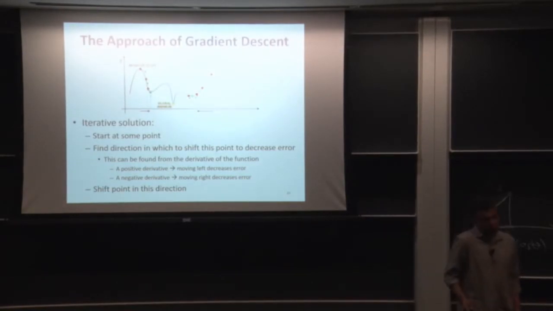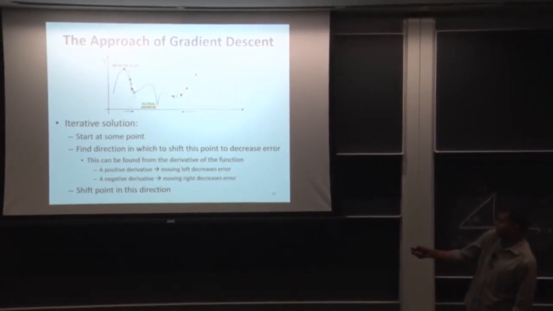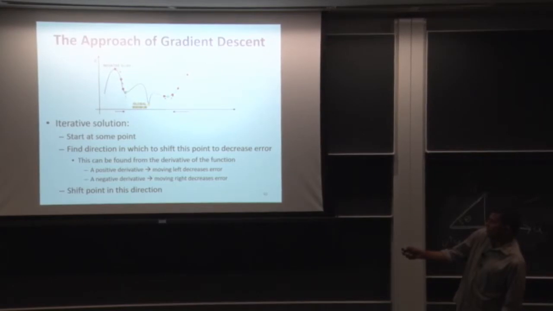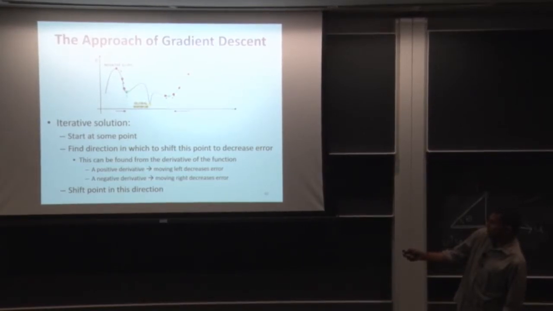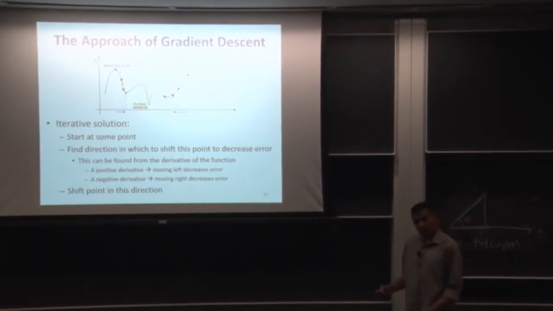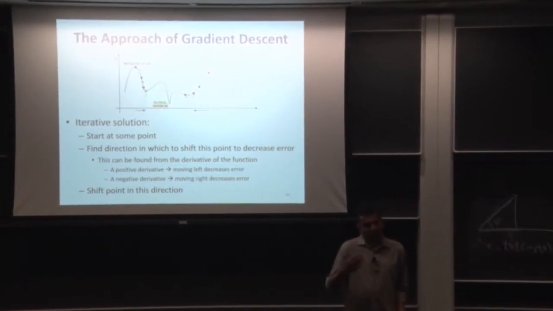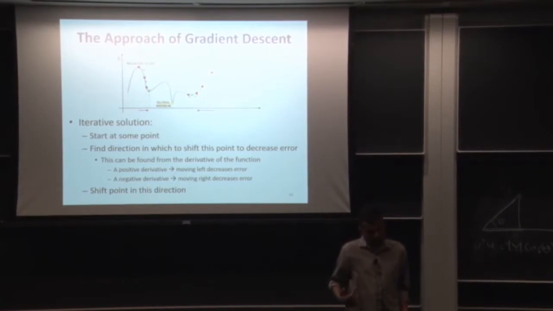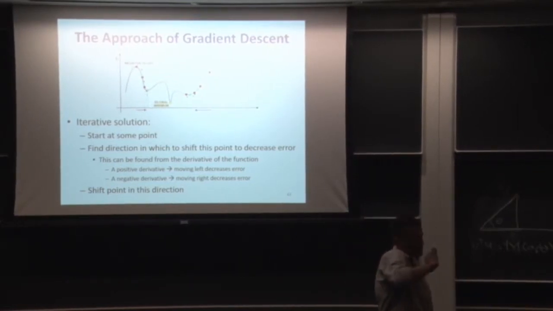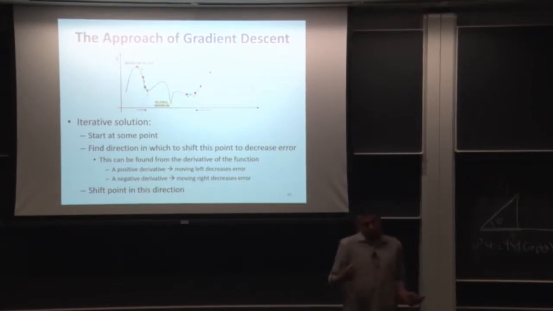So the iterative solution is something like this. You start at some point, find the direction in which to shift this point to decrease the error, and this can be found from the derivative of the function. If it's a scalar function of a scalar variable, if the derivative is positive, it means that moving forward is going to increase the function. If I'm trying to find a minimum, that means I have to move backward.